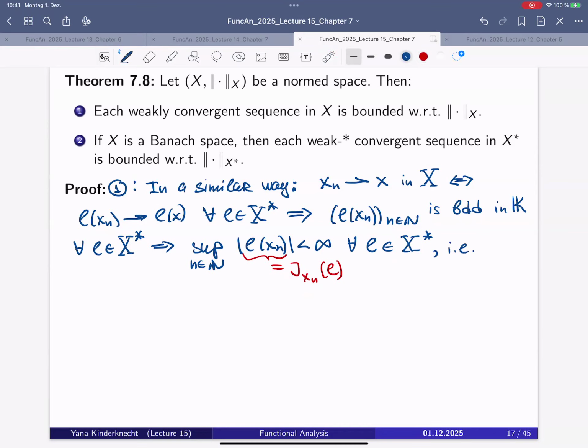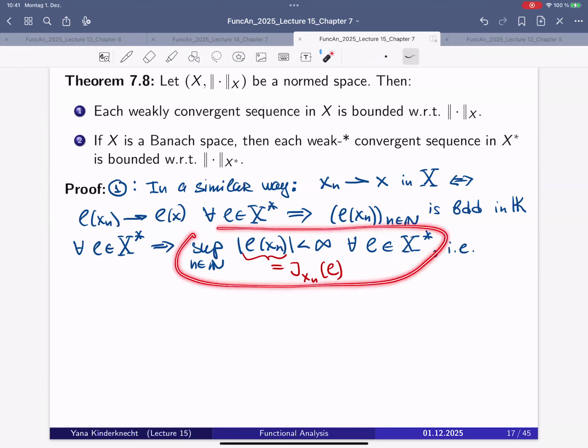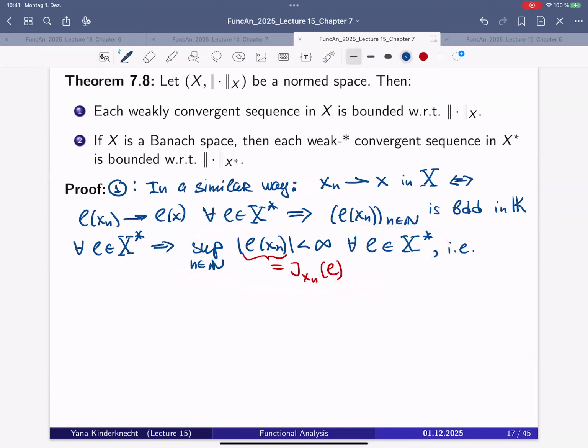That is, this condition can be rewritten in the following way: the supremum over all n of the absolute value, so this absolute value is smaller than infinity, and this holds for any L in X star.